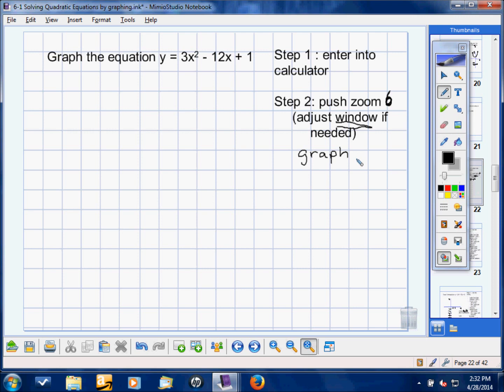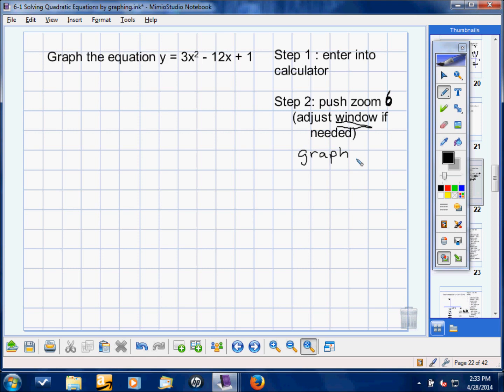So we adjusted the window. You push the graph button, and now you should have a U that looks a little better because you can see the whole thing. Push your window button, adjust the window, and change your Y minimum to -50. There you go. Now you can see it.